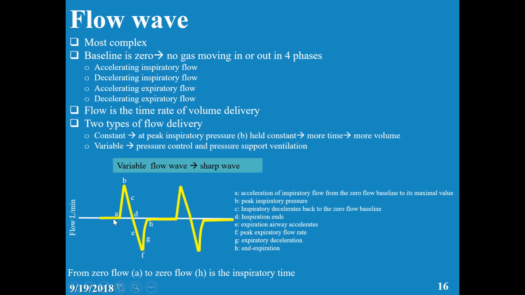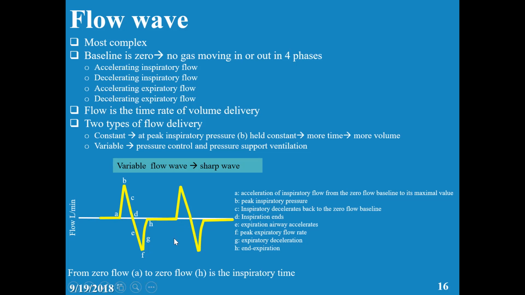It's a pause. So you have A, the acceleration phase of inspiratory flow. You have B, the deceleration of inspiratory flow. You have the acceleration of expiratory flow, the deceleration of expiratory flow, and then the end of expiration.